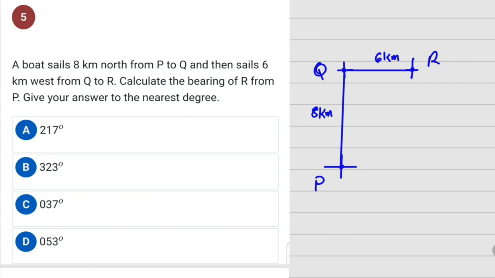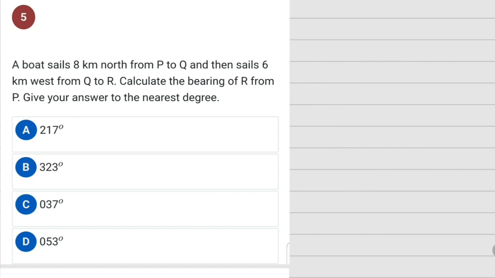To get this, let me read the question again. It is west. Okay, so I took east instead of west, so I have to take it off and start again. So watch. I'm going to start from P. This is my P. I'm doing the same thing anyway.